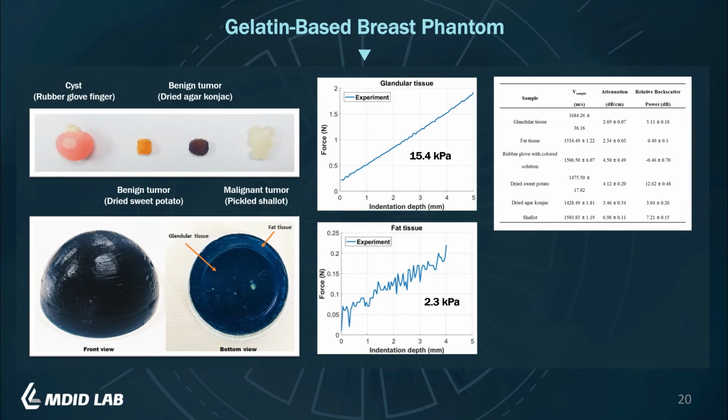In the manufacturing of the breast phantom, a rubber glove finger filled with colored solution, dry sweet potato, dry agar conjunct, and pickled shallot were used to simulate cysts, benign tumors, and malignant tumors respectively. The gelatin concentration was tuned to produce hardness similar to granular and fat tissues.